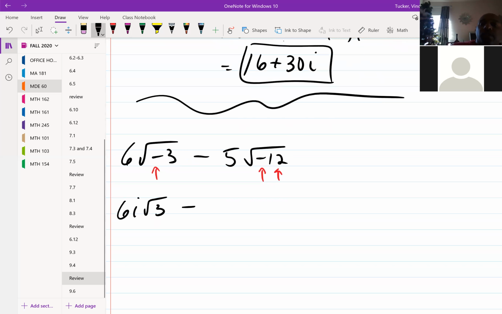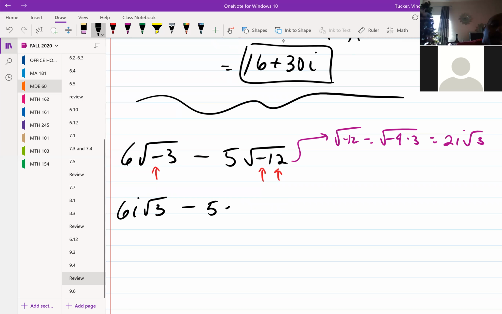Next one, that's square root of negative 12. I'll break it up into negative 4 times 3. Square root of negative 4 is 2i, and I leave the 3 under the radical.